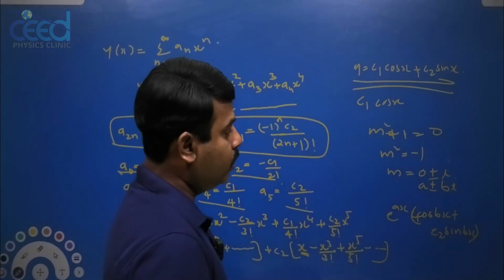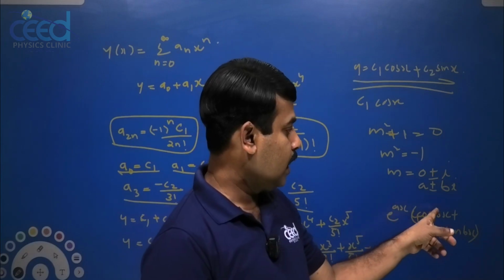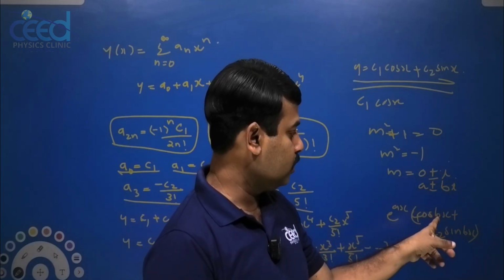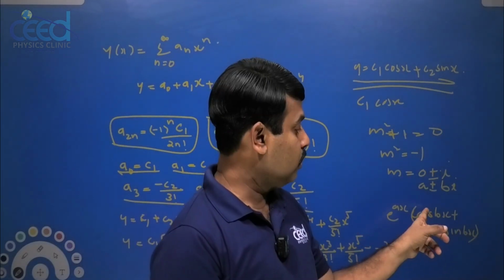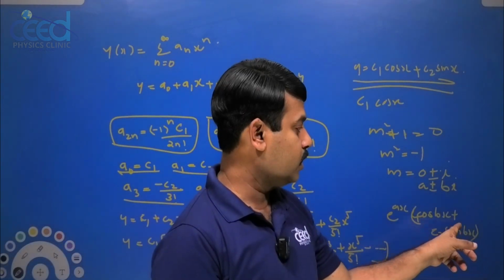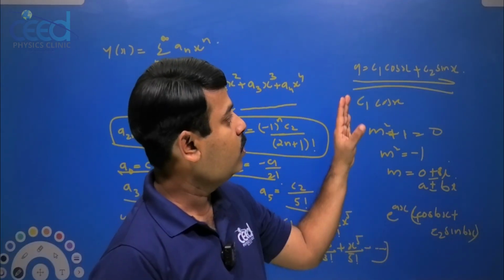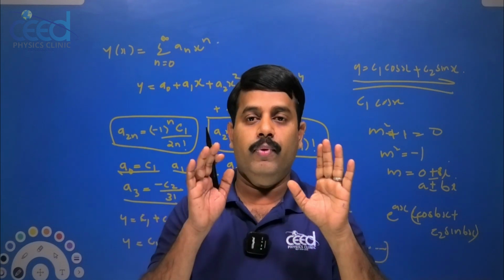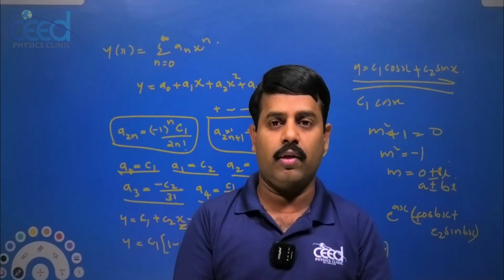Now the a coefficient is 0, so that part is 1, and the b coefficient is 1 here. Then y is c1 cos x plus c2 sin x. So this is the method to solve a differential equation by the series solution method.